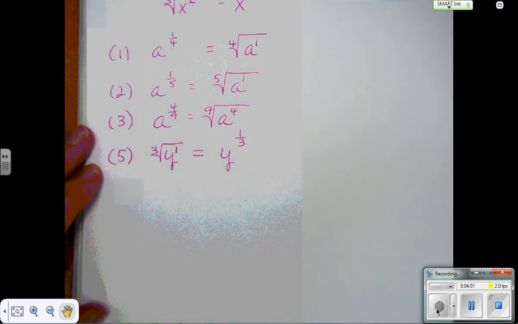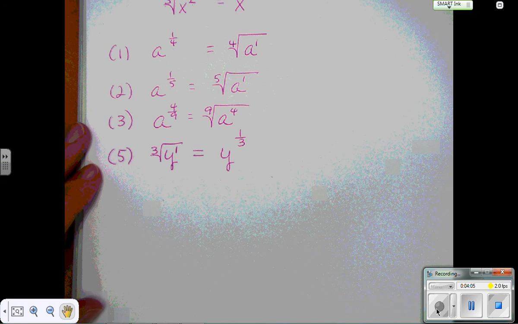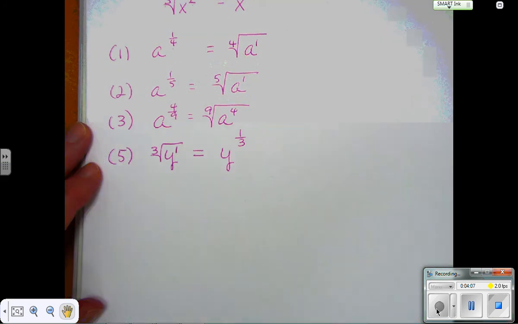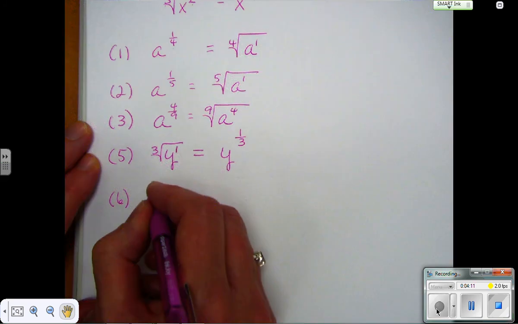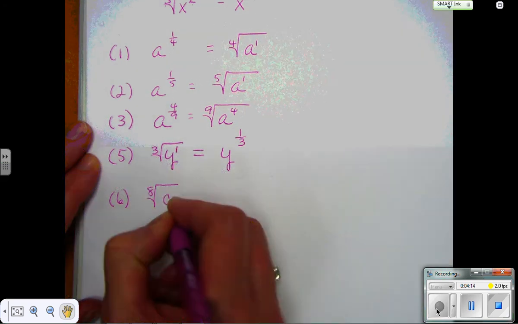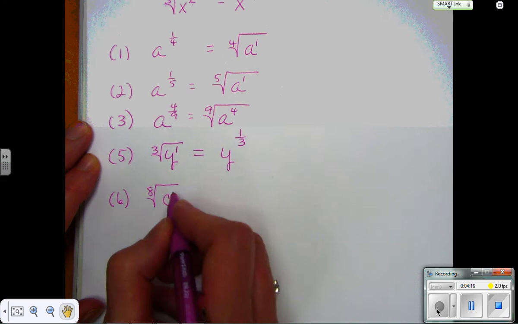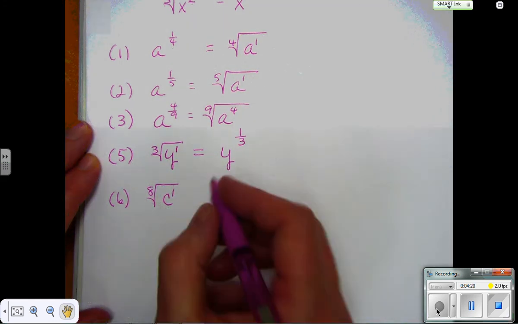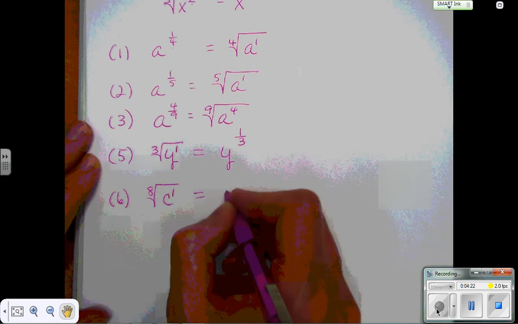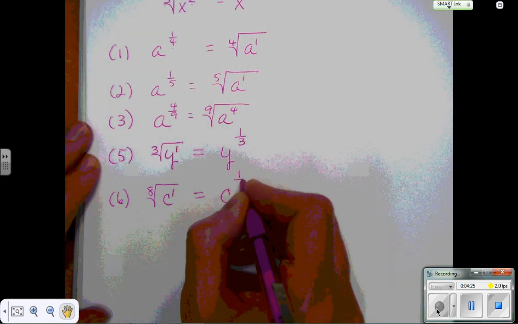And I don't write a root for that anymore because the rational exponent takes care of the root. So on number 6, that's the 8th root of c, and c is to the first power again because there's not anything written there, so it's understood to be 1. So as a rational exponent, it would be c to the 1/8.